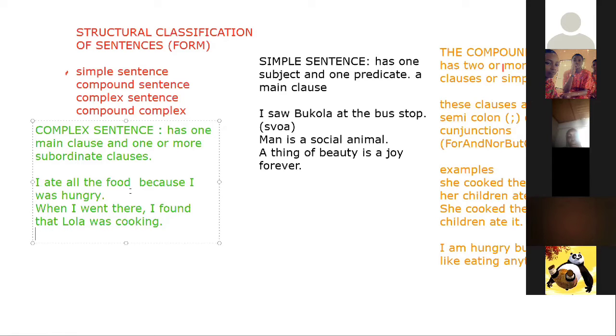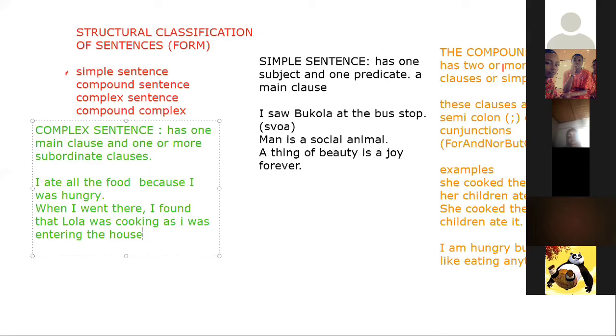Now let me give you a sentence where we have more than one subordinate clause. When I went there, I found out that Lola was cooking as I was entering the house.